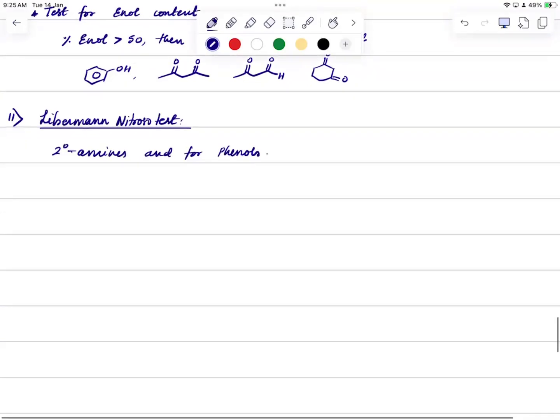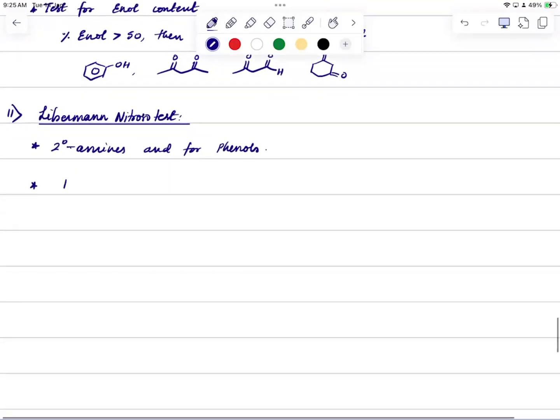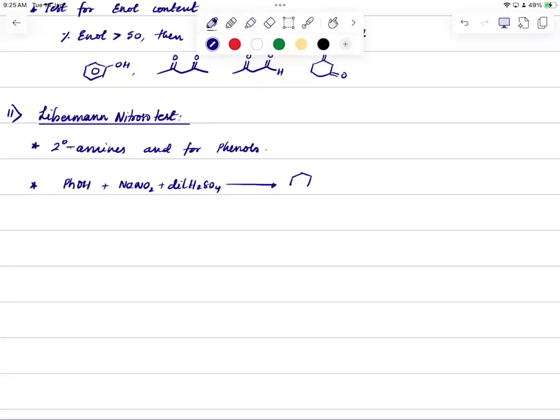Clear? So the test is used for both of them, right? Suppose you talk about phenols with NaNO2 plus dilute H2SO4 or HCl, that will give us nitroso substitution. That is OH and NO. Okay, nitroso substitution. So this is nitrosophenol.